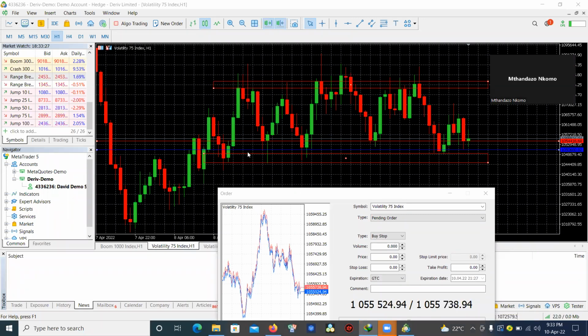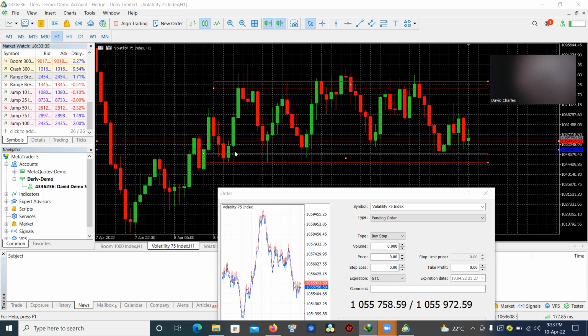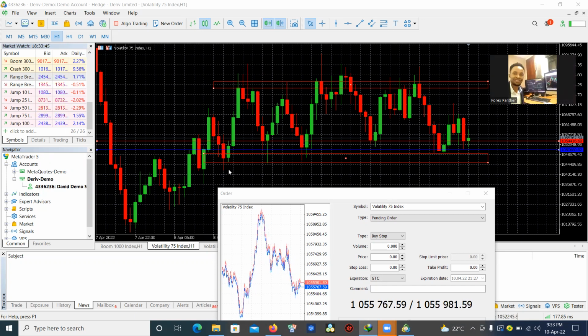So the trap I was talking about is, in this case, this blue line. Once you set it, you go hang out with friends or whatever, bearing in mind that you have a stop loss according to the money you are willing to lose.